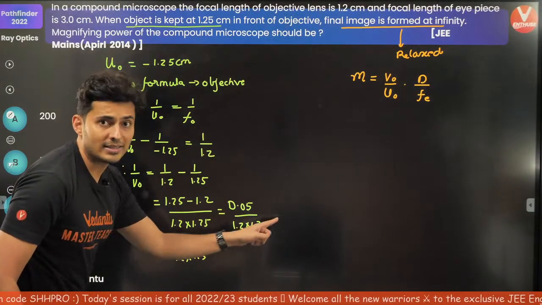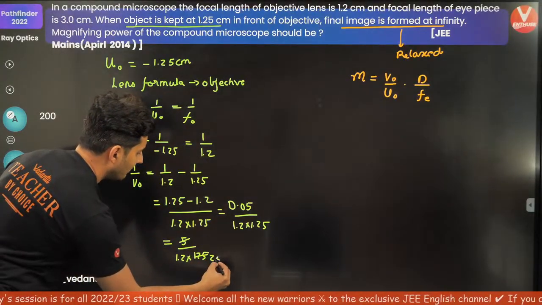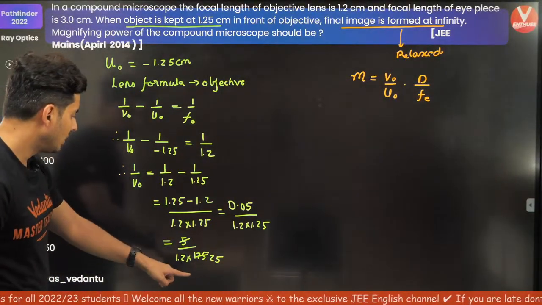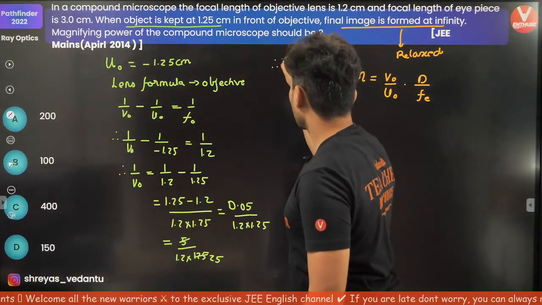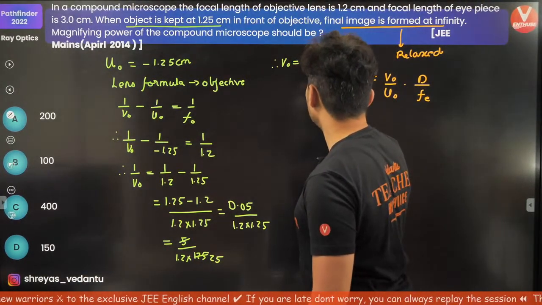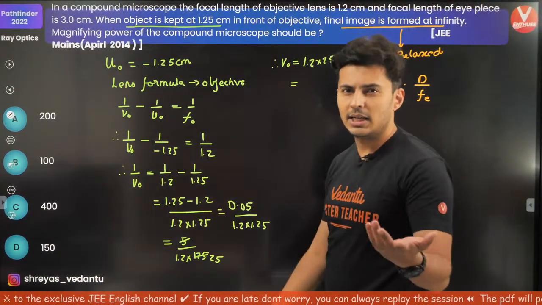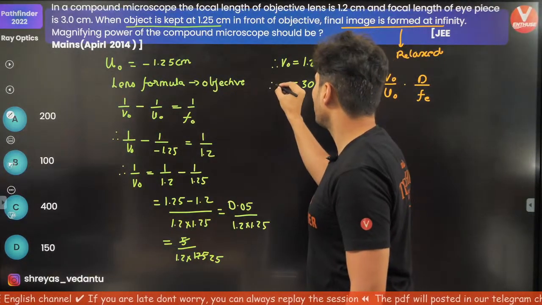I've shifted the two decimals in numerator and denominator. 5 goes with 125, 25 times. So VO will be 1.2 into 25, 25 into 12 is 300, so 30. So basically it will be 30 centimeters. So that's what VO is.